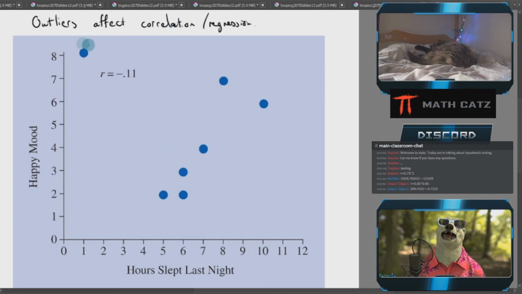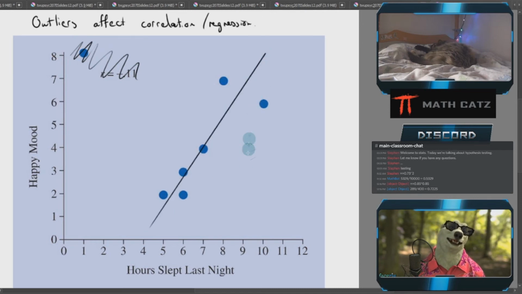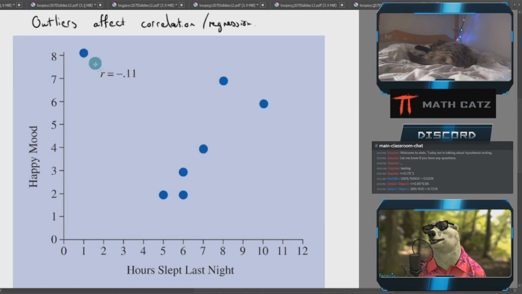So if I didn't look at this guy, then my correlation is quite strong and positive. I just sort of pretend that's my least squares fit, roughly. My regression line, I can make predictions, probably going to be significant. It looks pretty good. However, with the existence of an outlier, it really pulls and shifts the correlation coefficient.